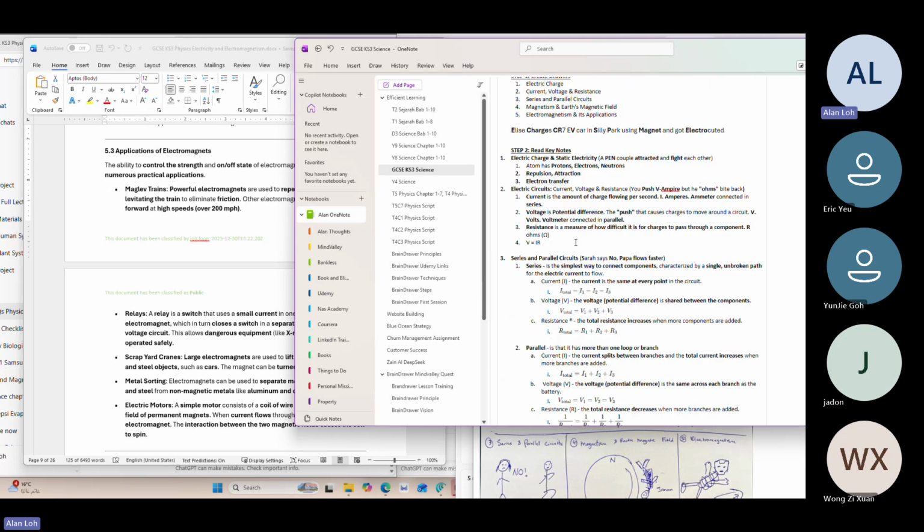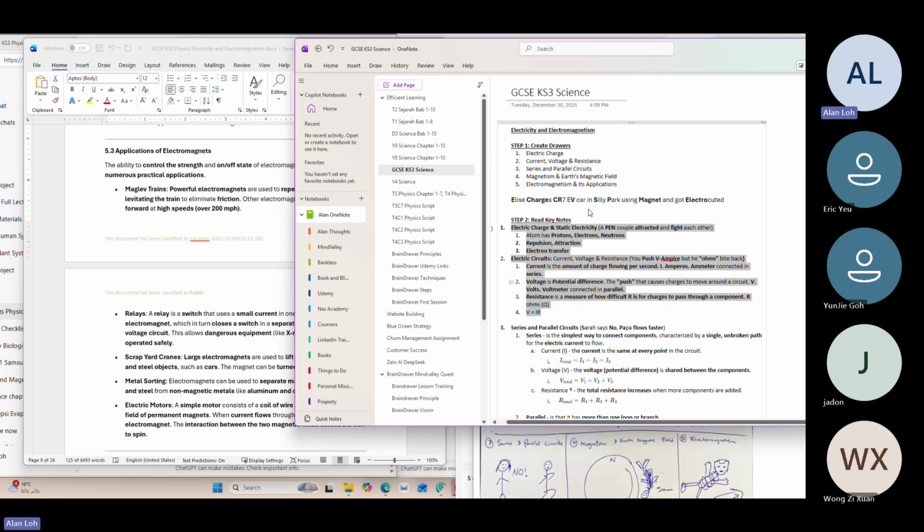Just now, Yunjie and Eric took maybe 2-3 minutes. Let's say it's 3 minutes. 3 times 5 is only 15 minutes. In 15 minutes, you are able to have a very well and complete picture of what this chapter is about.